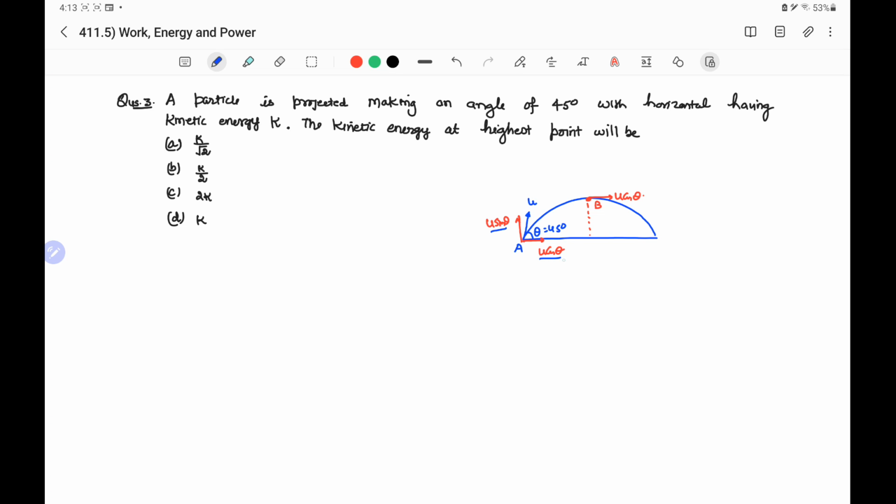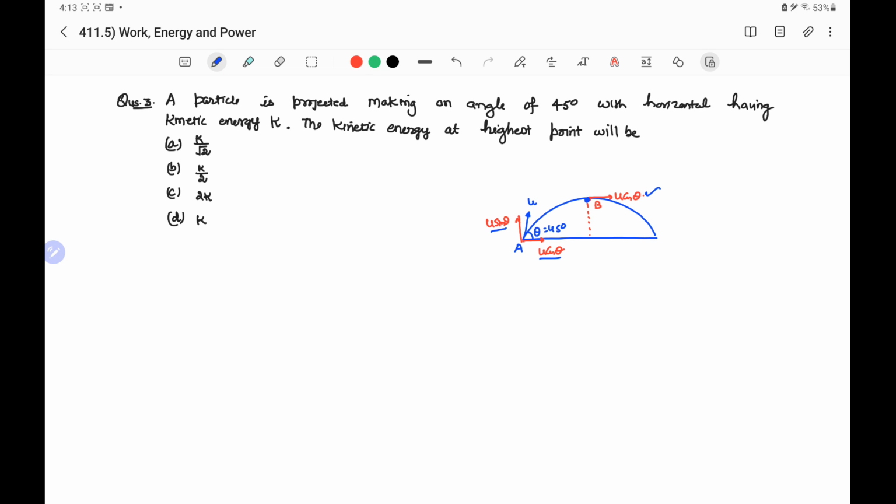There is no acceleration in horizontal direction, so u cos theta remains unchanged. So at point B, horizontal component is u cos theta. And the vertical component u sin theta, which is directed upward, decreases because of the gravity, as gravitational acceleration is working downward, and at highest point this vertical component of velocity becomes 0.